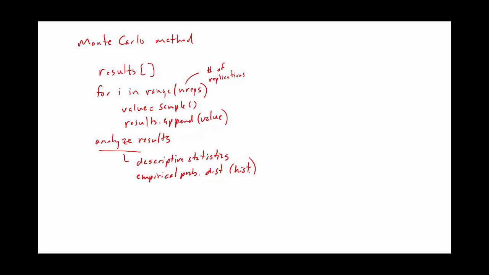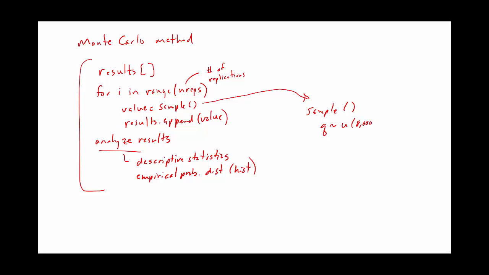So again, what specifically I do in terms of analyzing results depends on the problem that I'm solving. Of course, the sample is the key to the specific Monte Carlo simulation that we're doing. So this methodology that we see here is very general, and basically any Monte Carlo simulation can be cast in this structure.